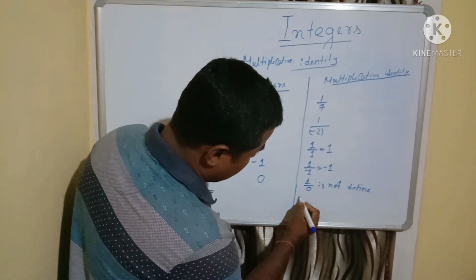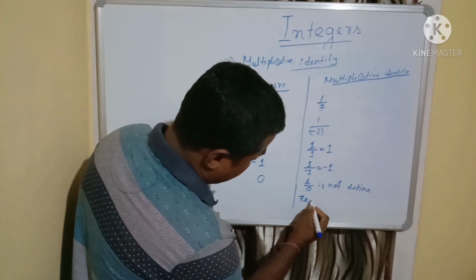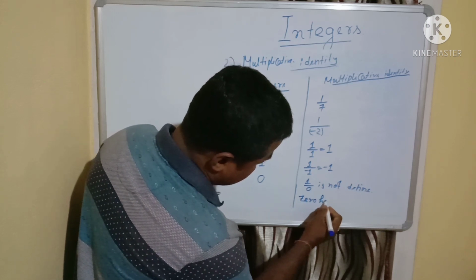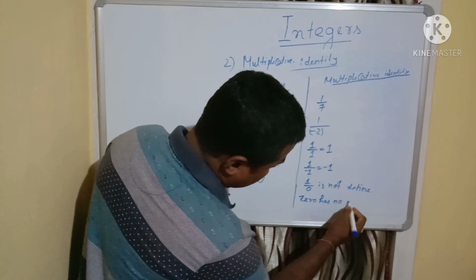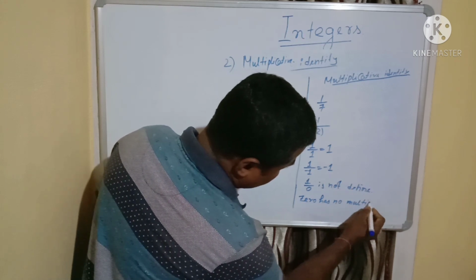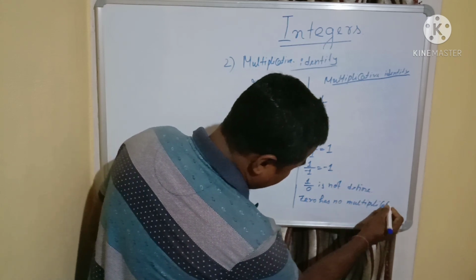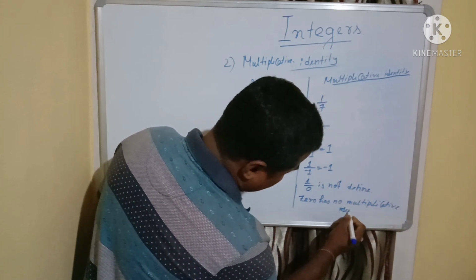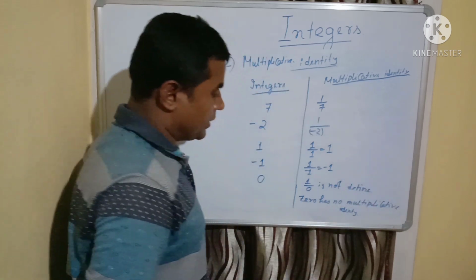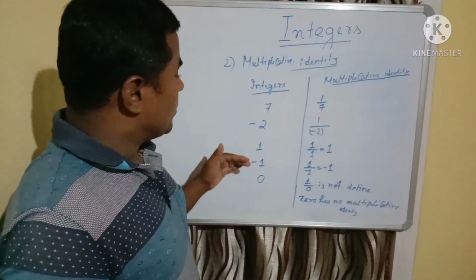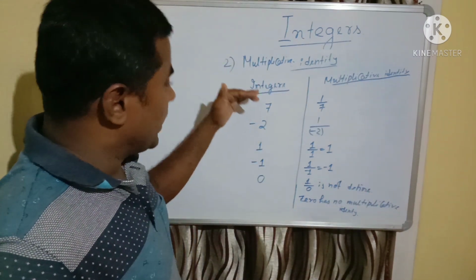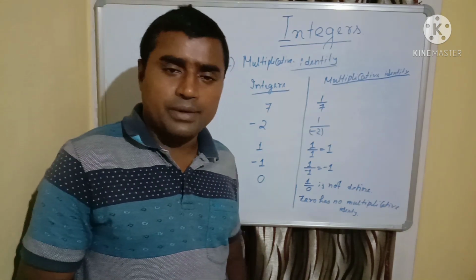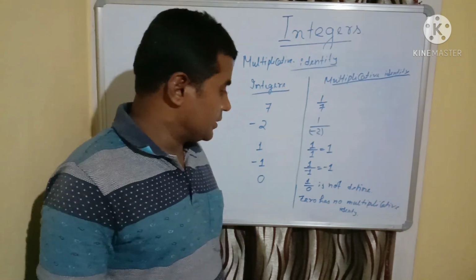So lastly, you have to get it. 0 has no multiplicative identity. Okay. So in this way, we can set the additive identity or multiplicative identity of integers.